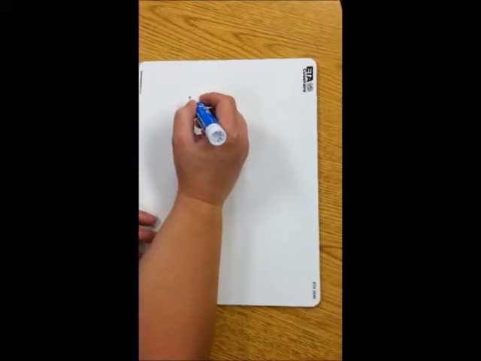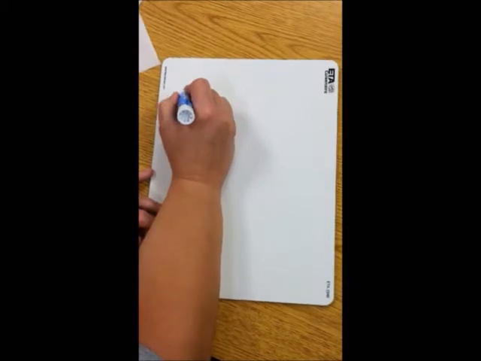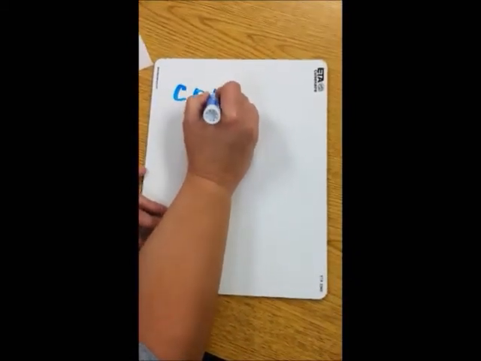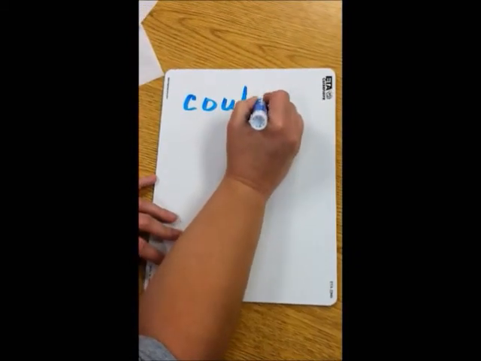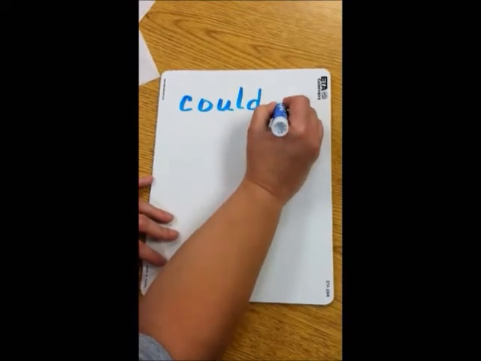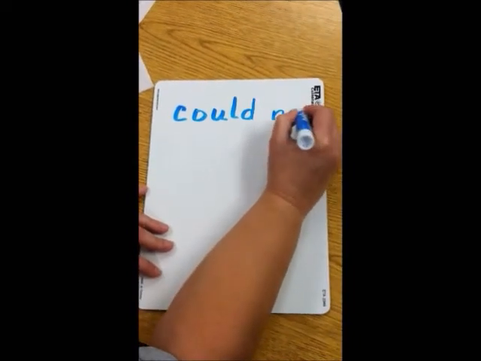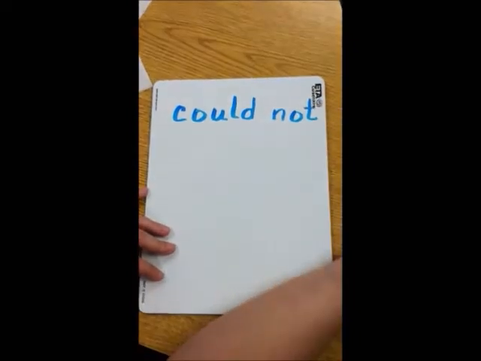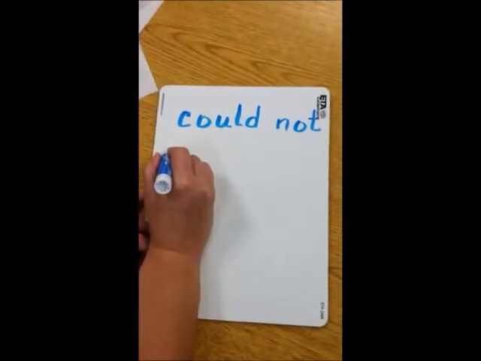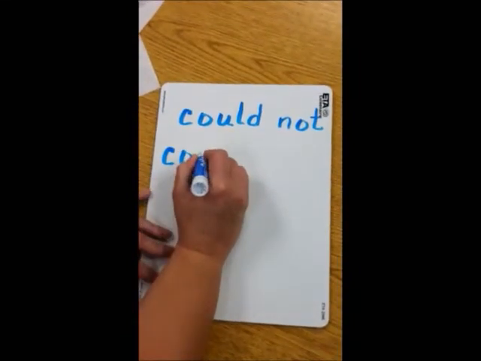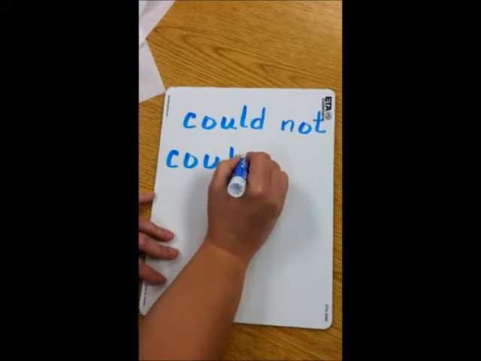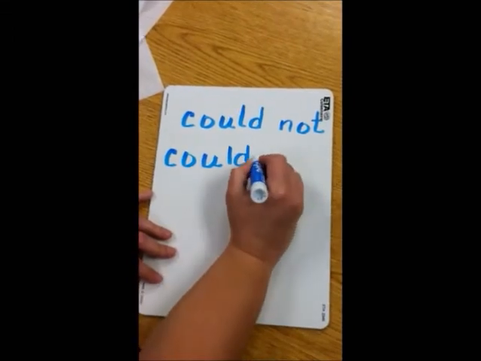Here is another example that we can use. For this example, we're going to use the words could and not. Next, we will combine the words together, could not, still spelling could not, but together.